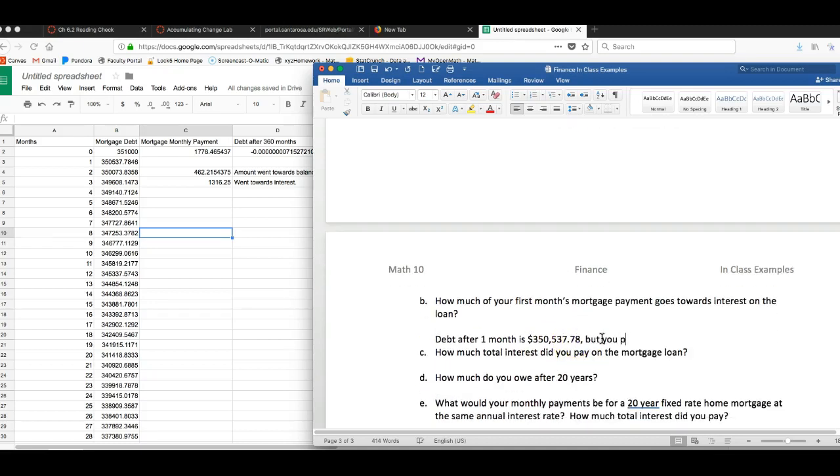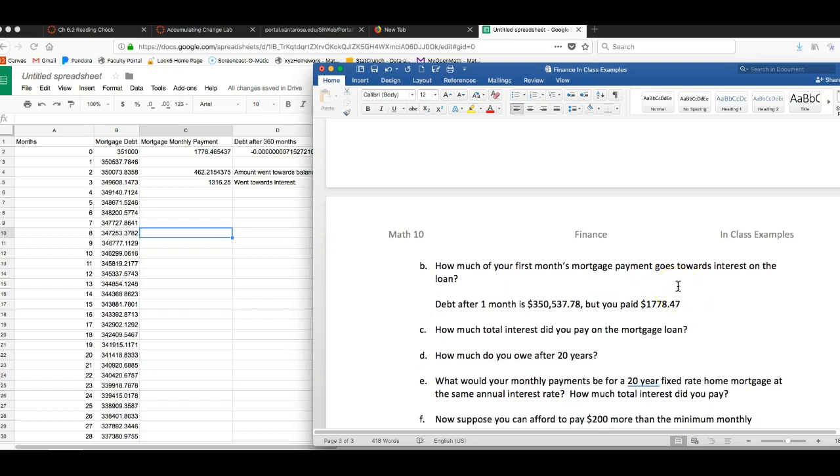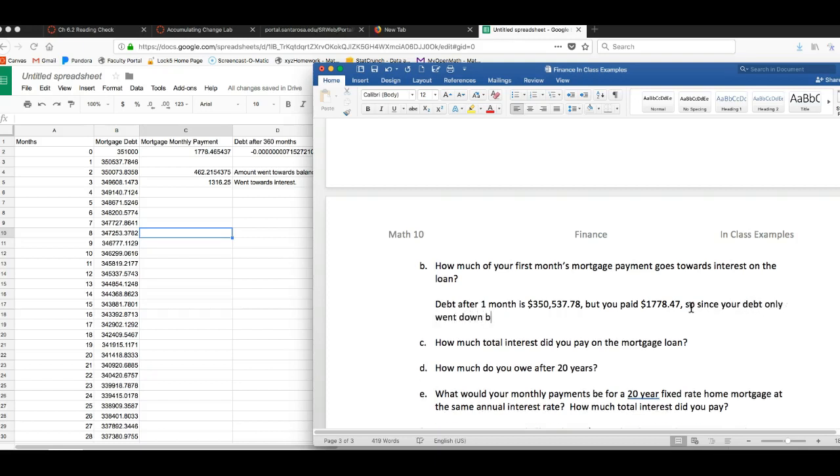But you paid the $1,778.47. So since your debt only went down by the $462 and 22 cents rounded, that comes from right here.